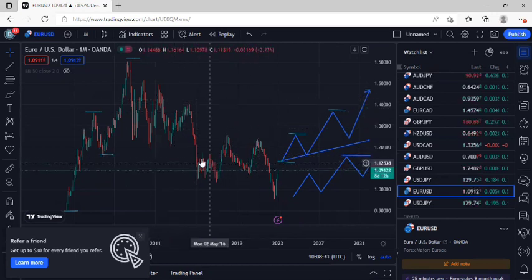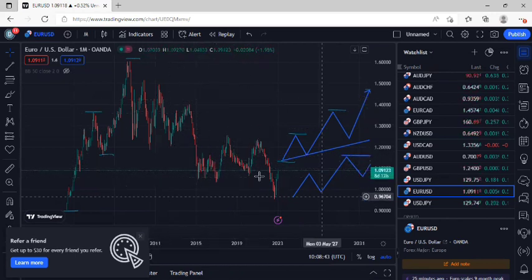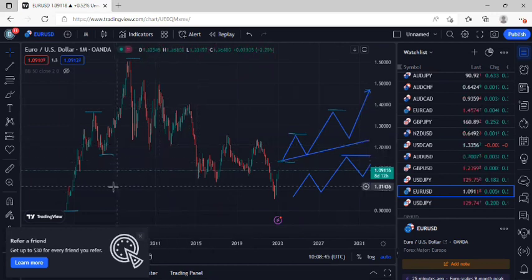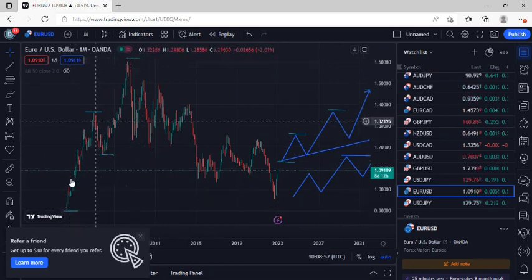And for the other one, this is for downtrend. We have the uptrend there, we have the downtrend there. So when you have a market printing higher high, higher low, higher high, you have an uptrend.